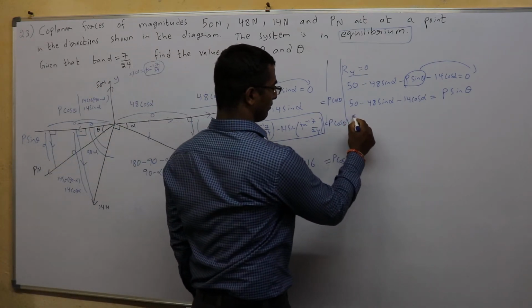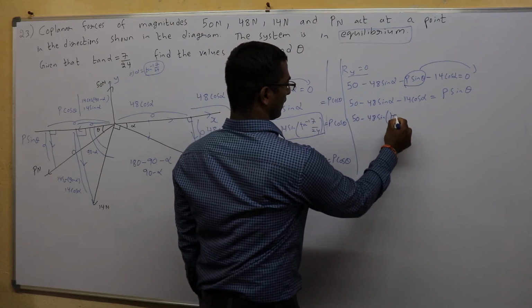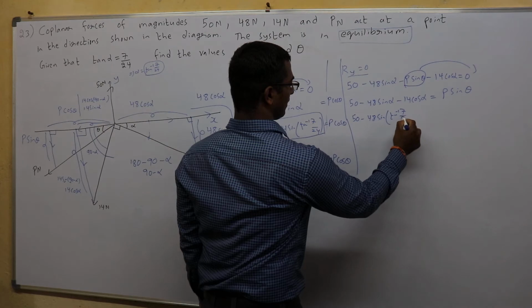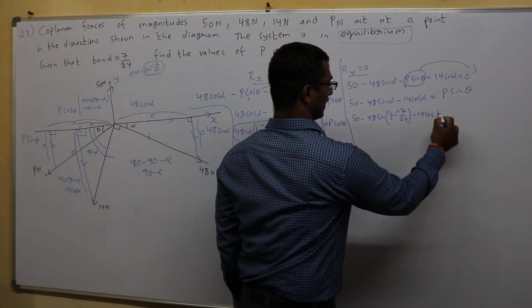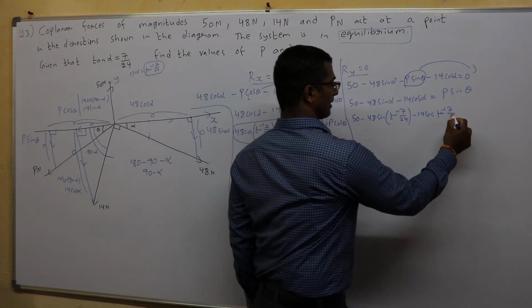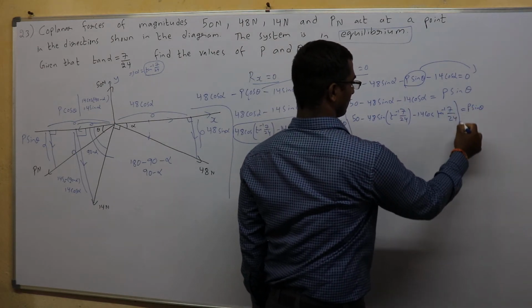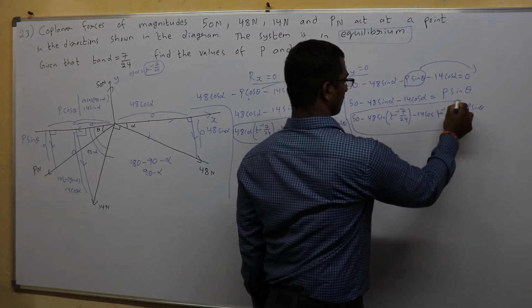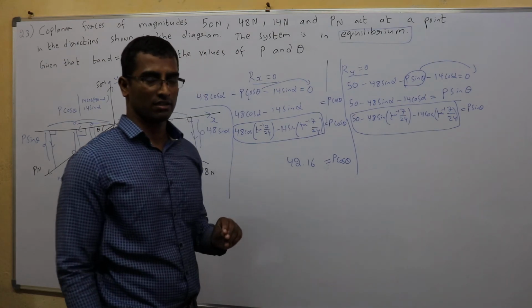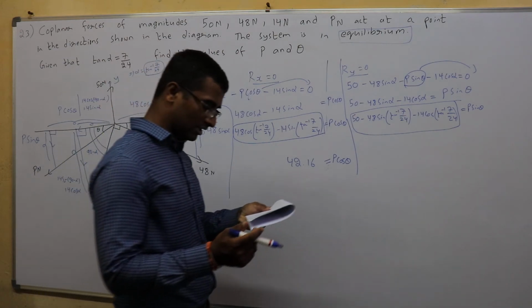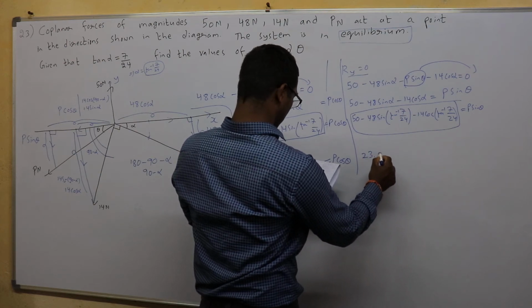So what do I get? 50 minus 48 sin(tan inverse 7 by 24) minus 14 cos(tan inverse 7 by 24) equal to P sin theta. Now put this entire thing in the calculator. You get P sin theta equal to 23.12.